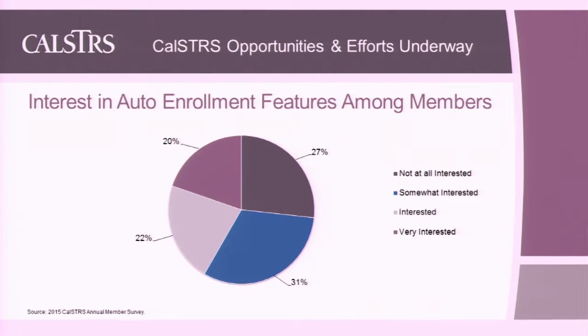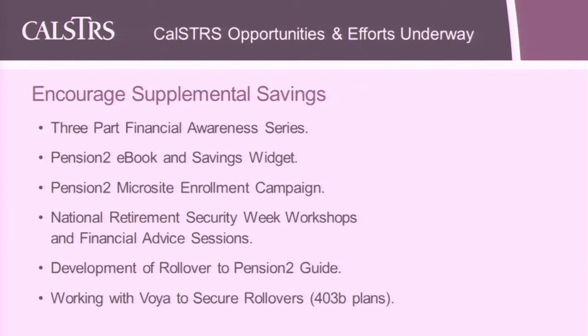And when we asked our members about their interest in auto enrollment and supplemental savings, the vast majority expressed some level of interest. This is just an information slide about the communication and outreach activities we have underway to encourage supplemental savings. The latest is the 3-part financial awareness series, as well as a number of other activities.